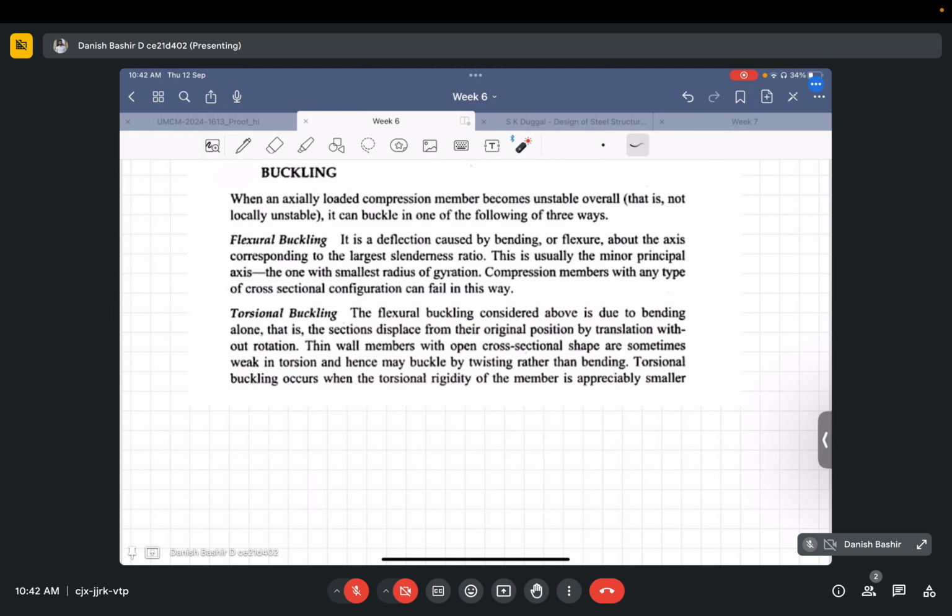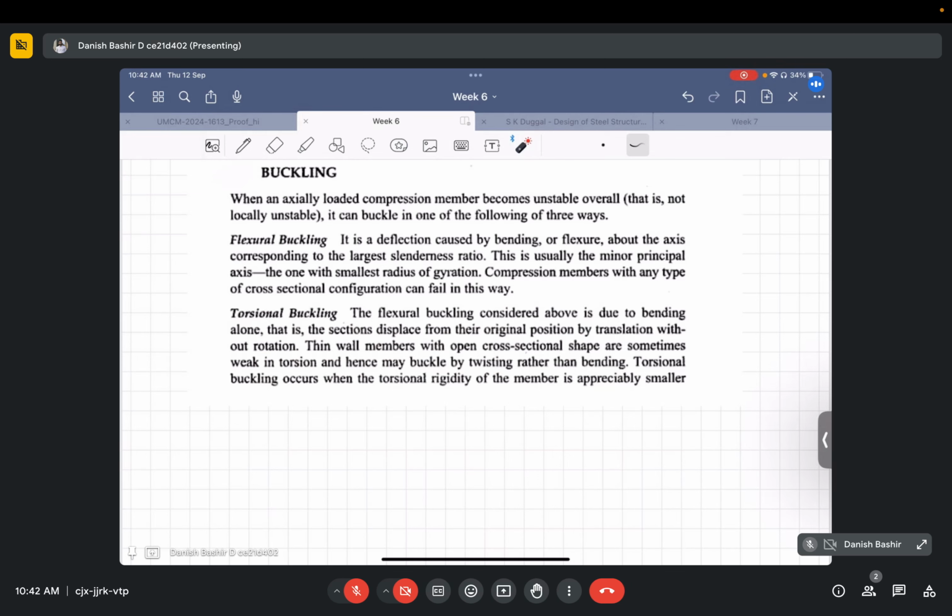So we saw that in flexural buckling, the member buckles due to the translation from its original axis. This flexural buckling usually happens along the direction in which the slenderness ratio is maximum. That is, if the slenderness ratio is maximum, its radius of gyration will be minimum.